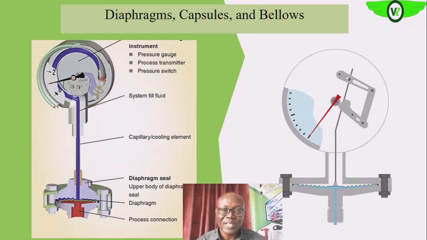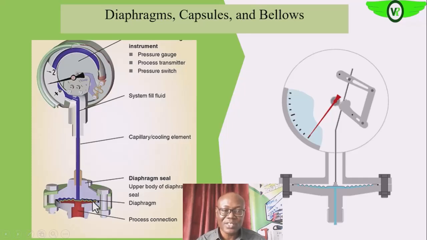As you increase the pressure in your thorax, that is in your lung, the diaphragm will stretch. It also uses the same principle. So as you can see here, as the pressure increases, this part of it is exposed to the process. As the pressure increases, it stretches the diaphragm.